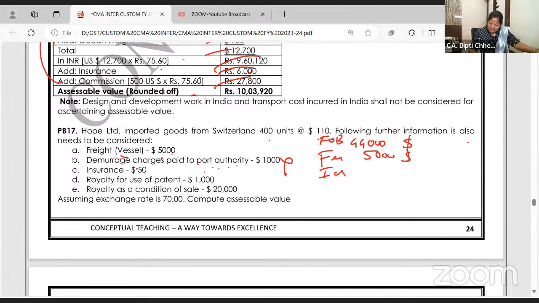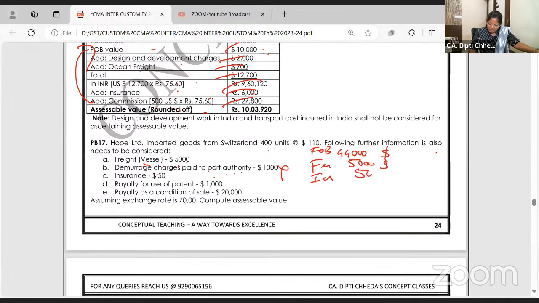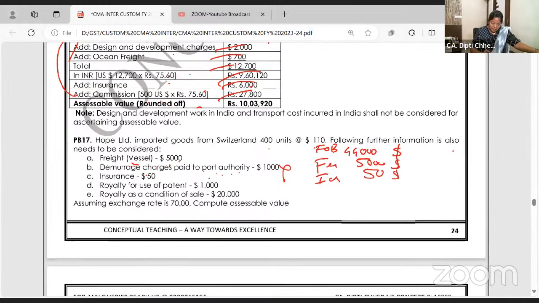Shall I take insurance? Yes. $50. Royalty for use of the patent. Yes, we will take royalty.